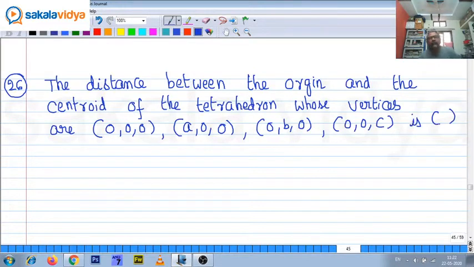The distance between origin and centroid of the tetrahedron whose vertices are given.